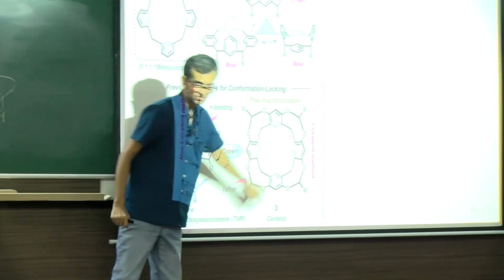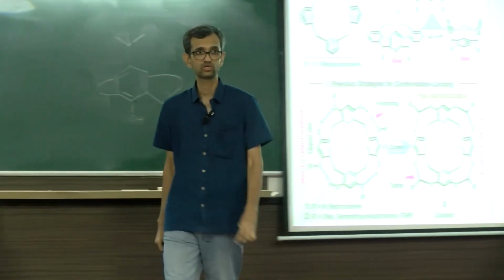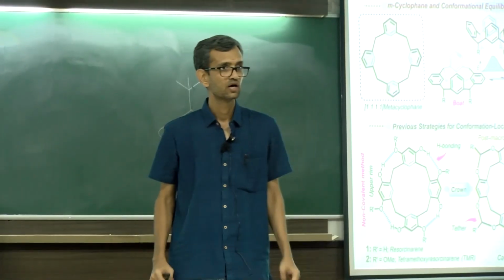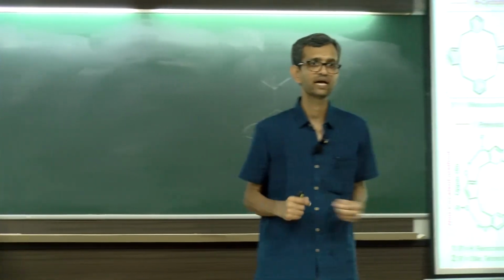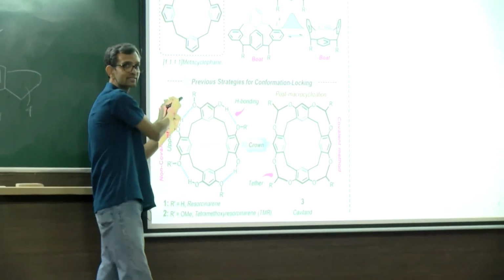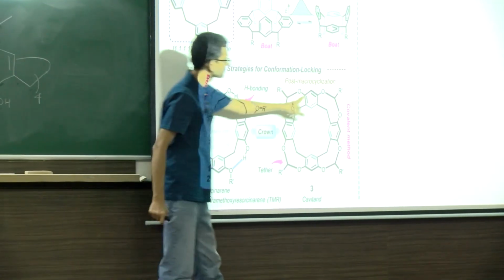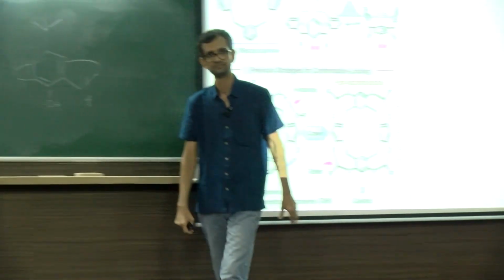Here is another structure. People have also developed covalently tethered macrocycles, where these 2 hydrogen bonds are connected covalently and they have tied them up through a linker.